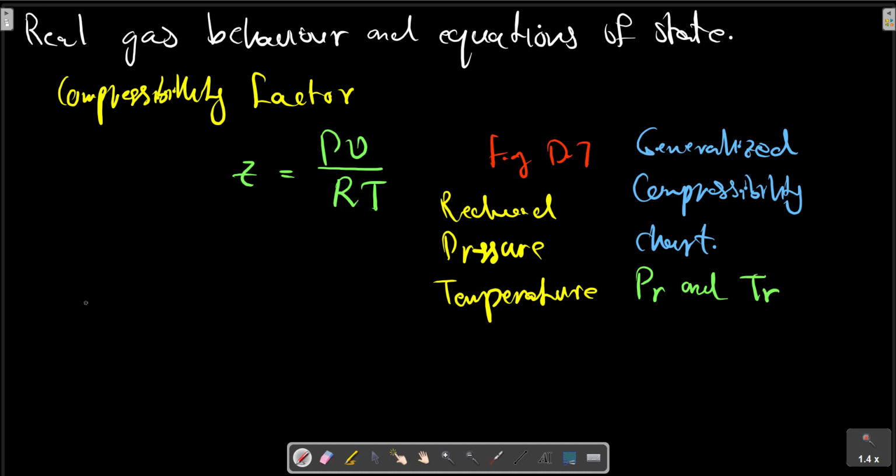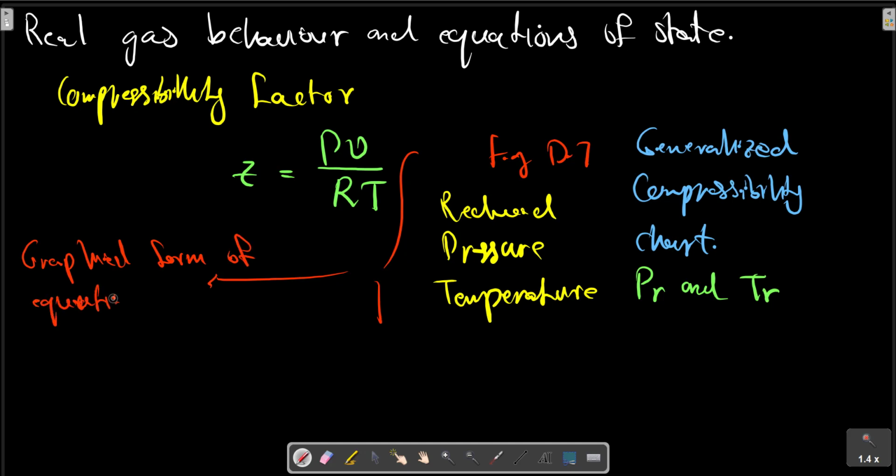Generalized charts: a graphical form of equation of state representing real behavior of gases and liquids over a broad range of variables.